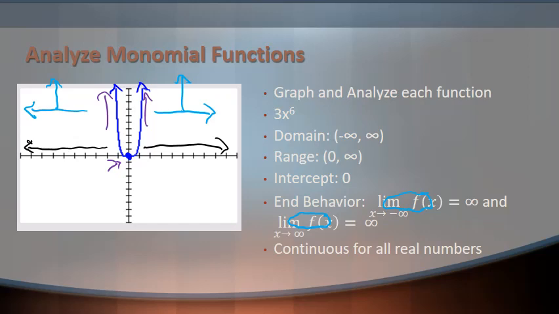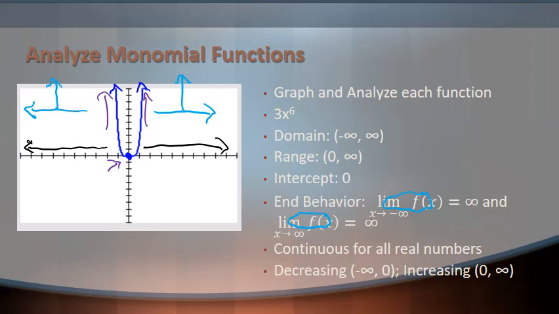And then the last analysis that we're going to be looking at is not end behavior, but whether it's decreasing or increasing. When I do that, I'm going to look at the graph and read it from left to right.